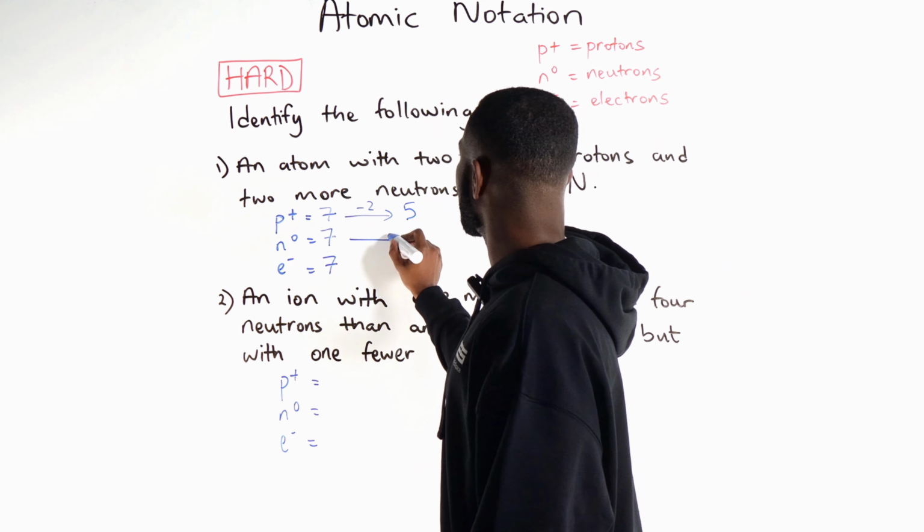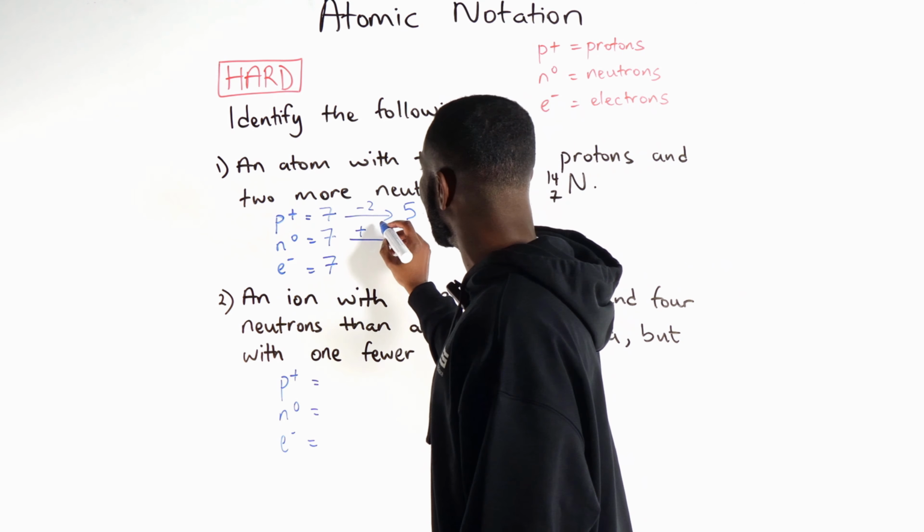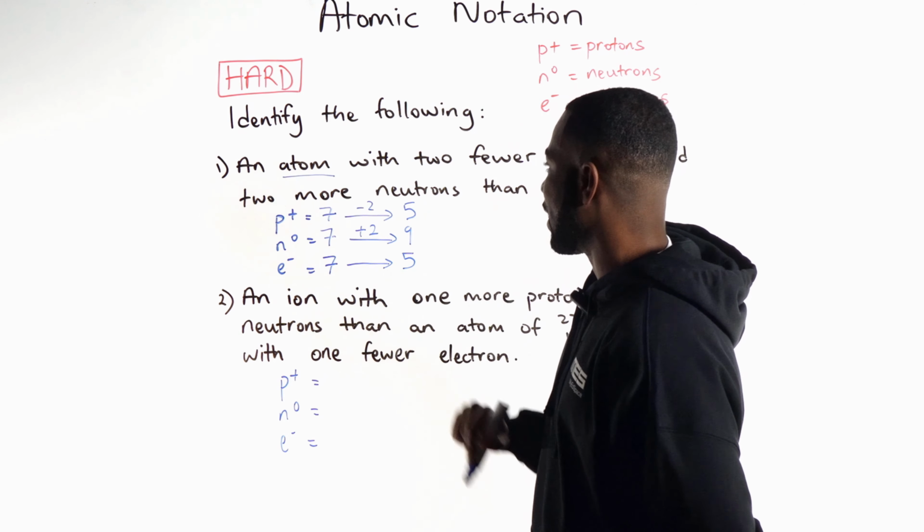The number of neutrons, it says we have 2 more neutrons, so we add 2. That takes us over here to 9. And then if you have a look over here, because it says it's an atom, you know that the number of protons and electrons in an atom have to be the same. So here we also have 5 electrons to keep the number exactly the same here.